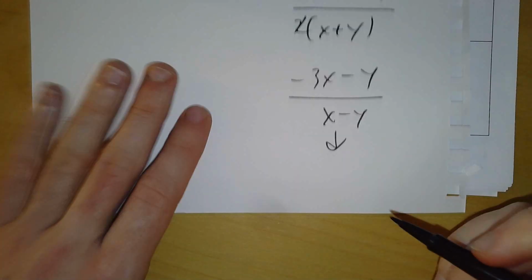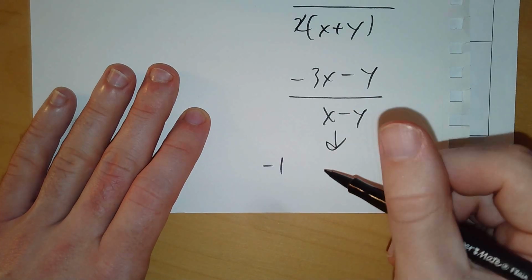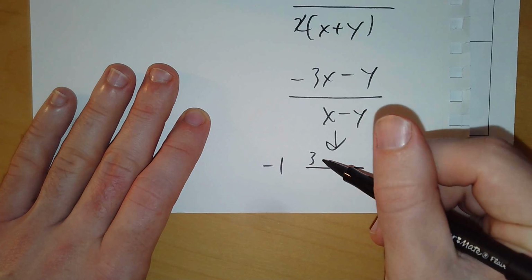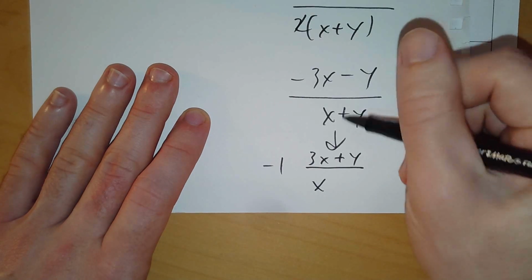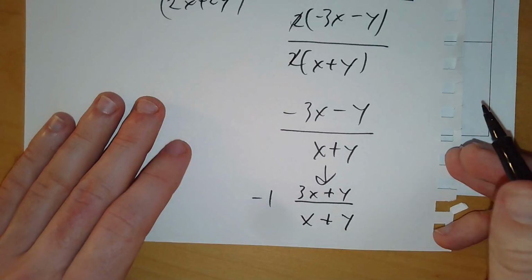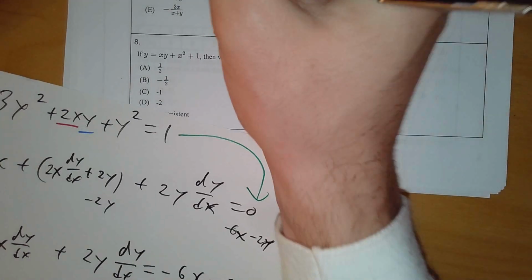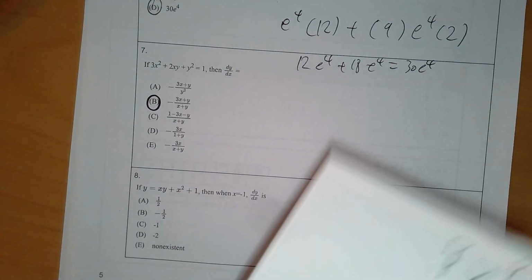So I can get negative 1 times 3x plus y over x plus y. Okay, so now if I look here, I do see that term. It is b. Okay, b is what I got.